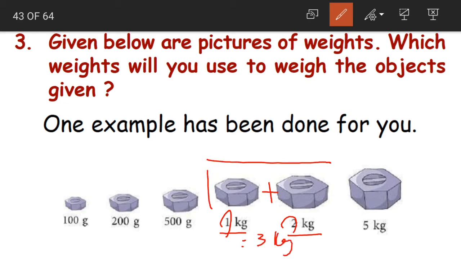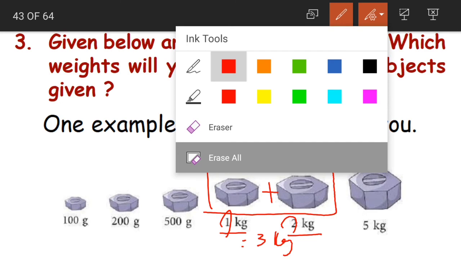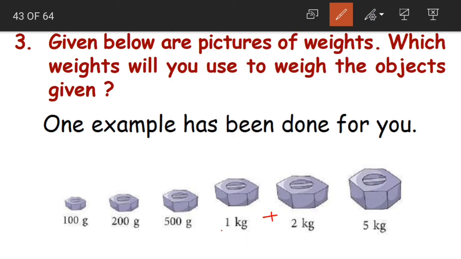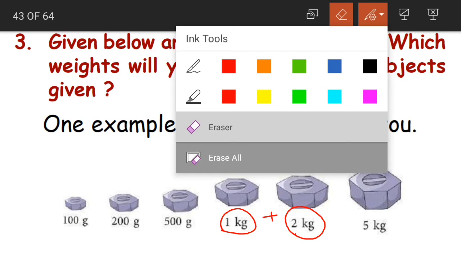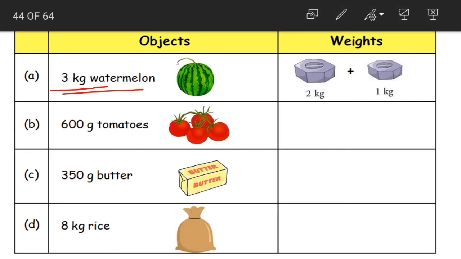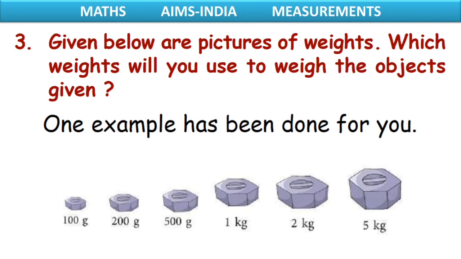So when we place both these 2 kg and 1 kg in one pan and the 3 kg watermelon in the other pan, their weights will be equal. Yes, to weigh a 3 kg watermelon, what are the weights that we need? We need 1 kg and 2 kg together. Understood?